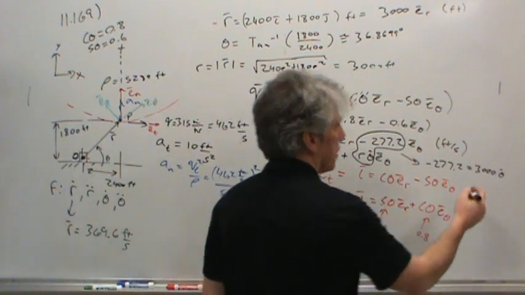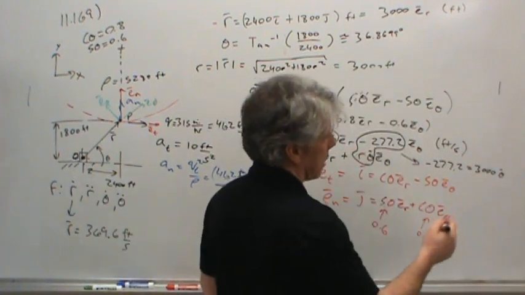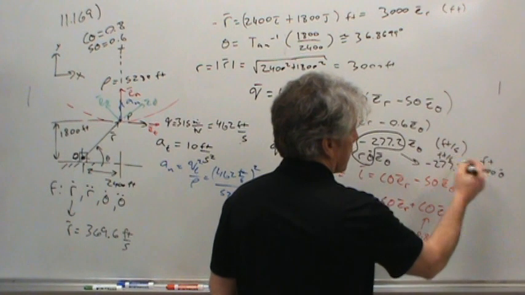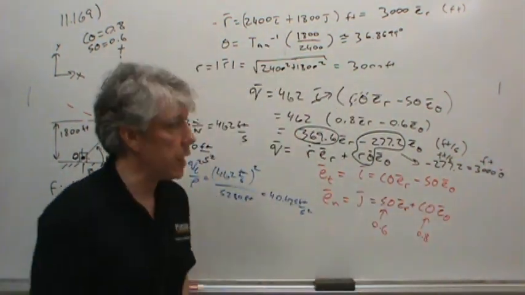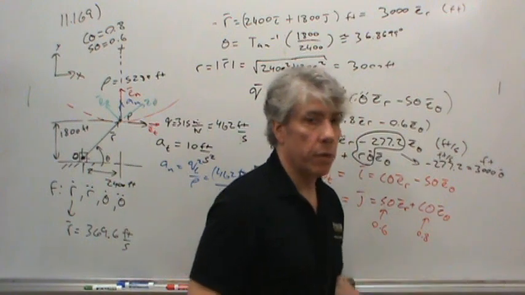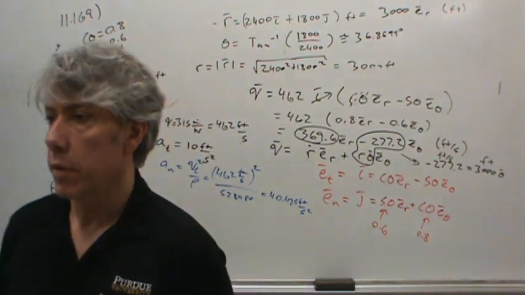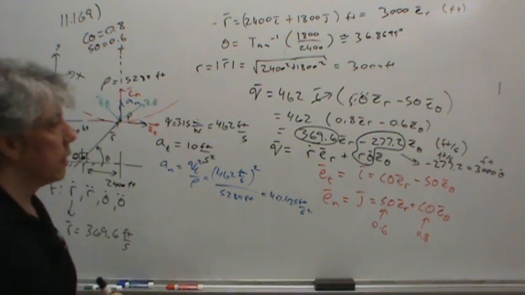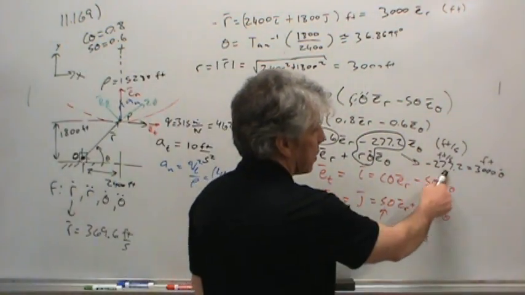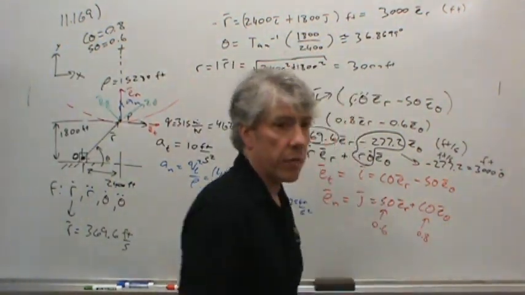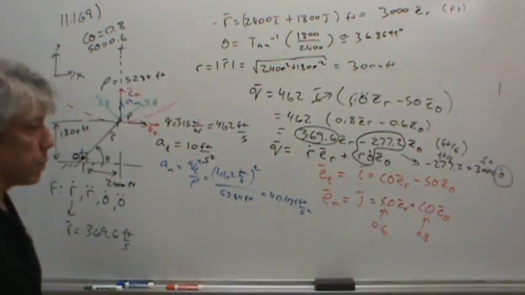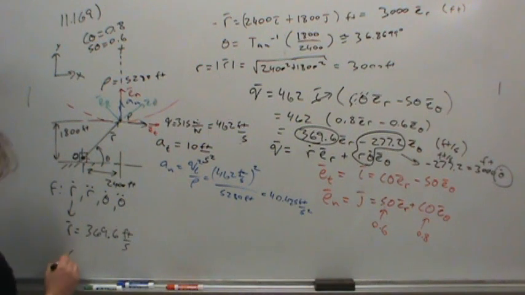Now be careful because I wrote it this way without units because I'm trying to avoid going off the screen on the camera. But we know that these are feet per second, and the 3,000 is feet. So when we divide out the feet, what units will we have for theta dot? Radians per second, exactly. So take negative 277.2, divide it by 3,000, what do you get? And that'll be theta dot in radians per second. I'll write it down over here.